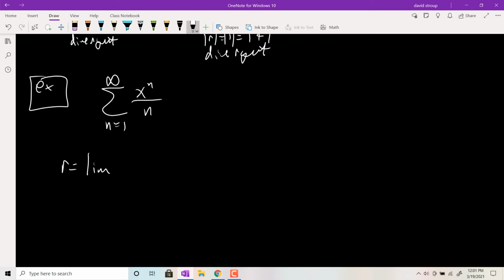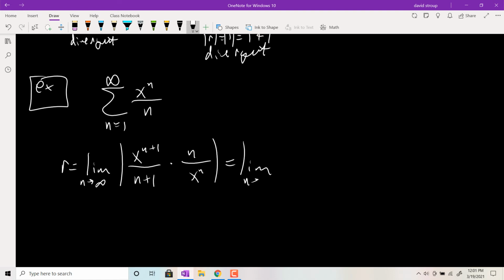So r is the limit as n goes to infinity of the absolute value of x to the n plus 1 all over n plus 1, times n all over x to the n. This will equal the limit as n goes to infinity of, let's rearrange a little bit, n over n plus 1 times x to the n plus 1 over x to the n.